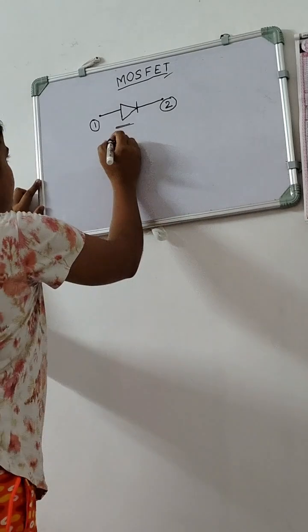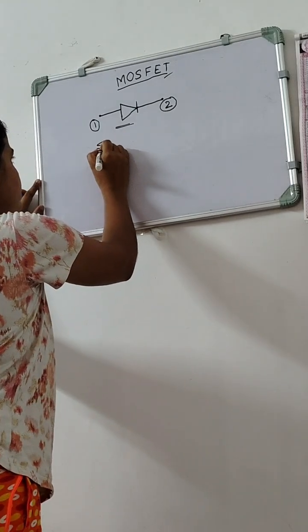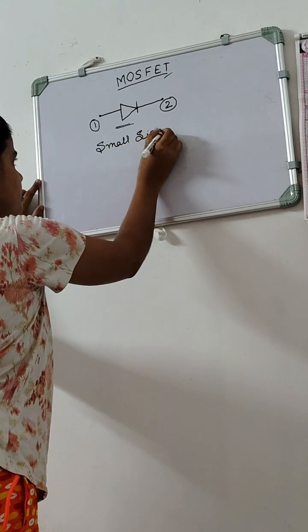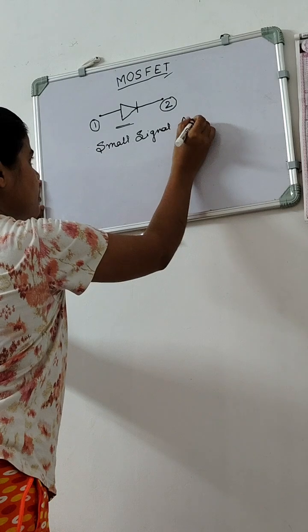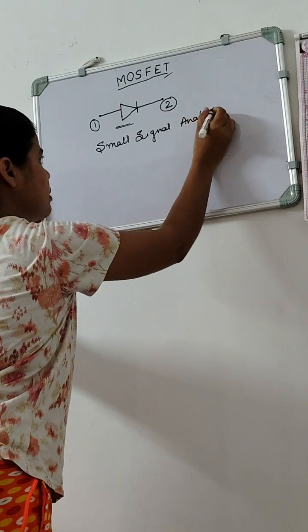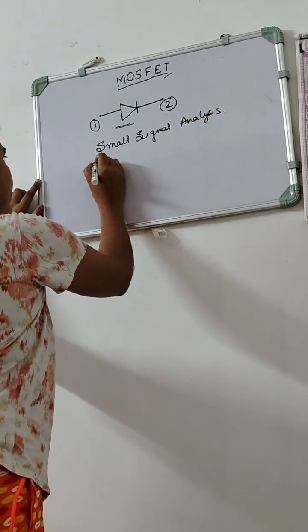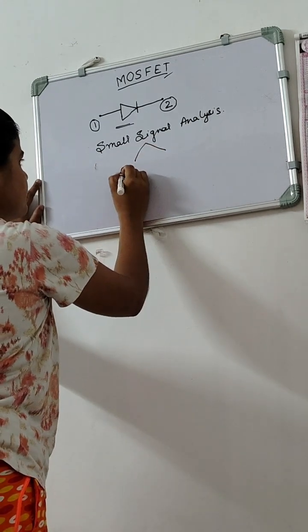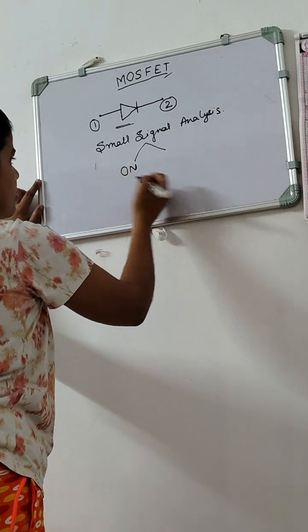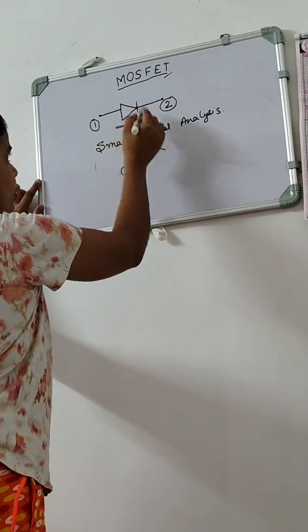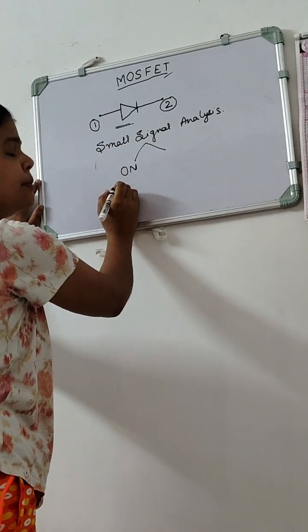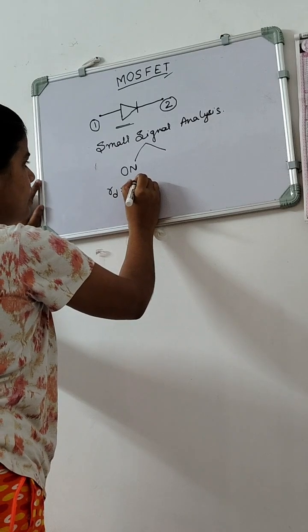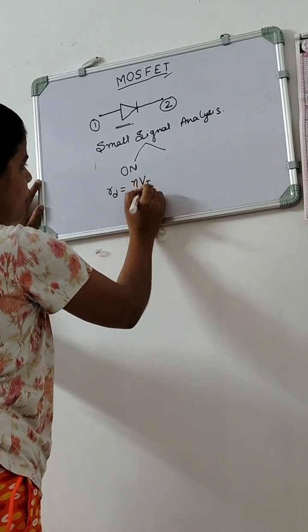If we do small signal analysis for diode, whenever diode is on, we replace the diode with RD, which is equal to n times VT upon ID.